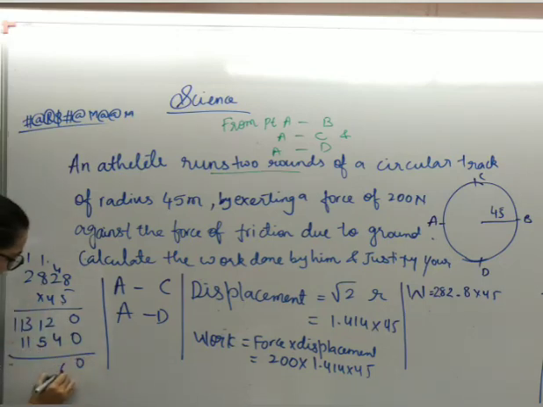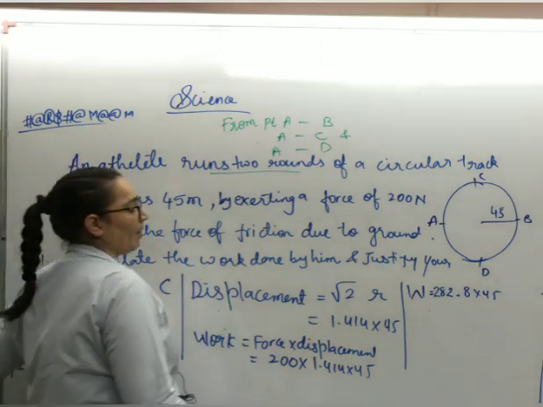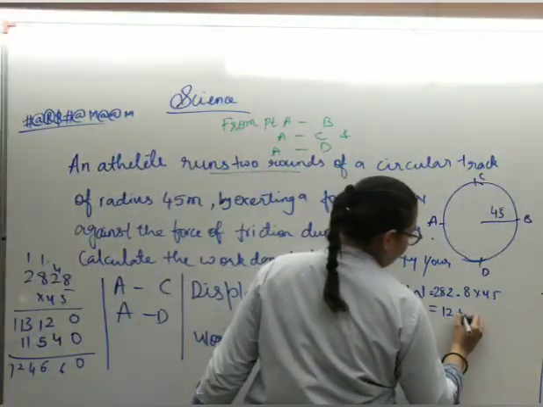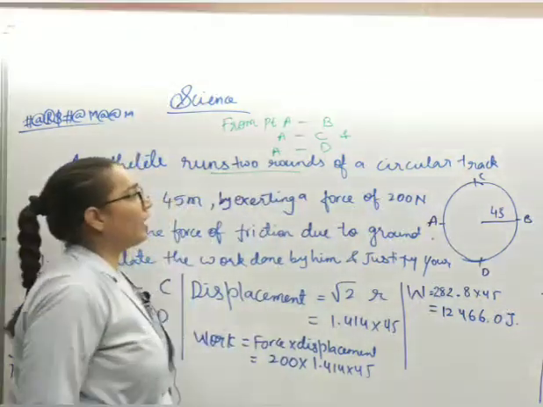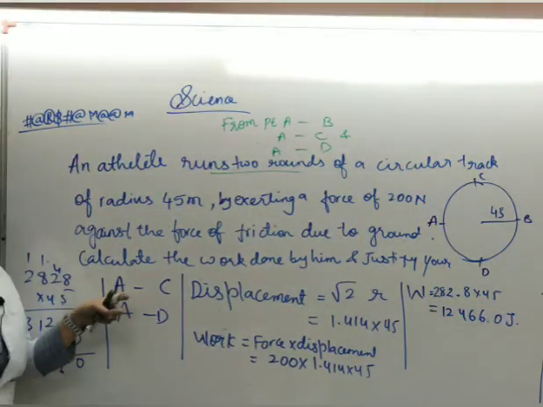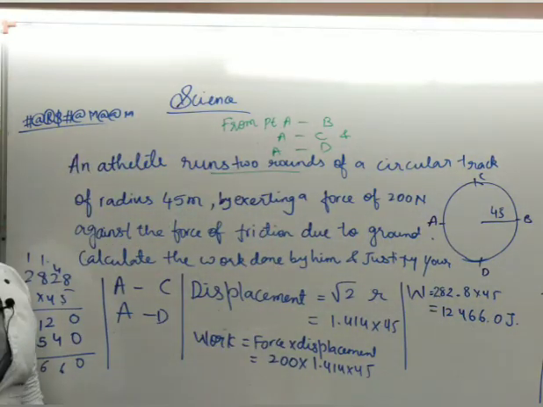Simply add. So it's 12466.02. Okay. Whether for A to C or A to D, the answer will remain the same. Quickly note.